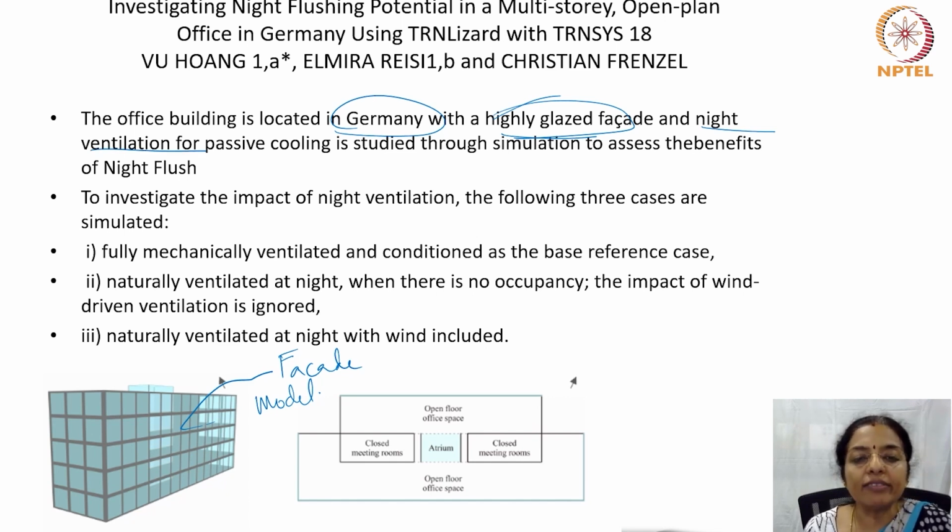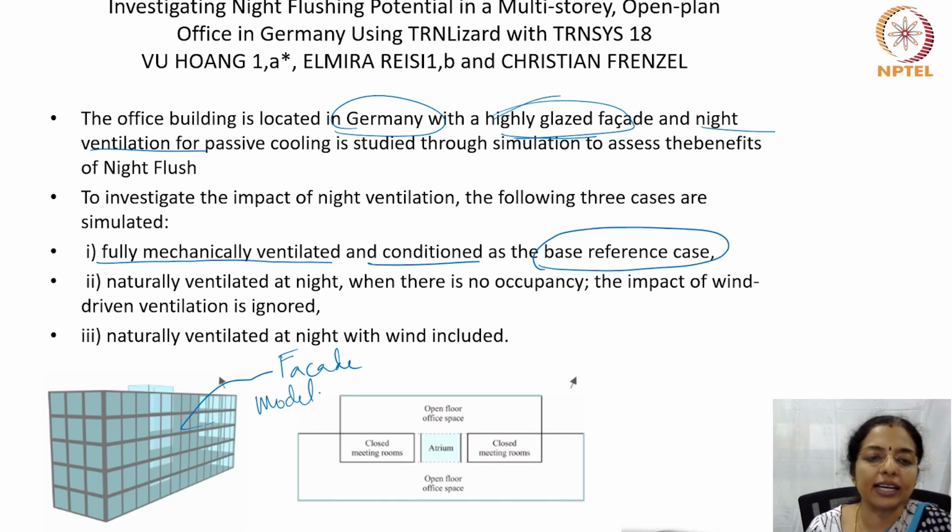To investigate the impact of night ventilation, three cases were studied. What happens if the building is fully mechanically ventilated and conditioned? This is called the base reference case, against which the results of the other cases are compared.